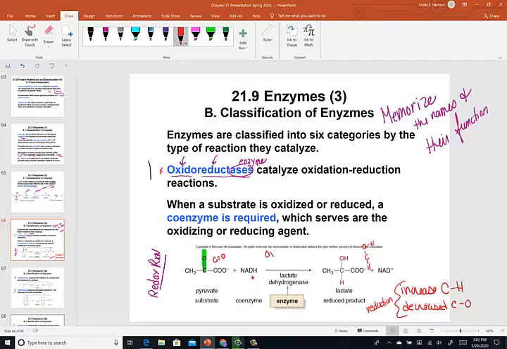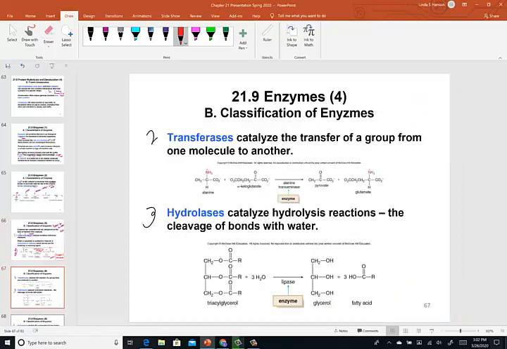That would be the category it falls under. All right, the first of 6 is responsible for catalyzing oxidation and reduction reactions.